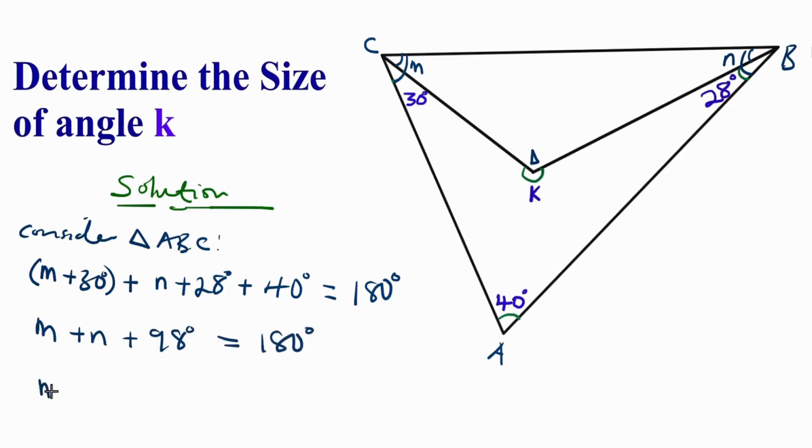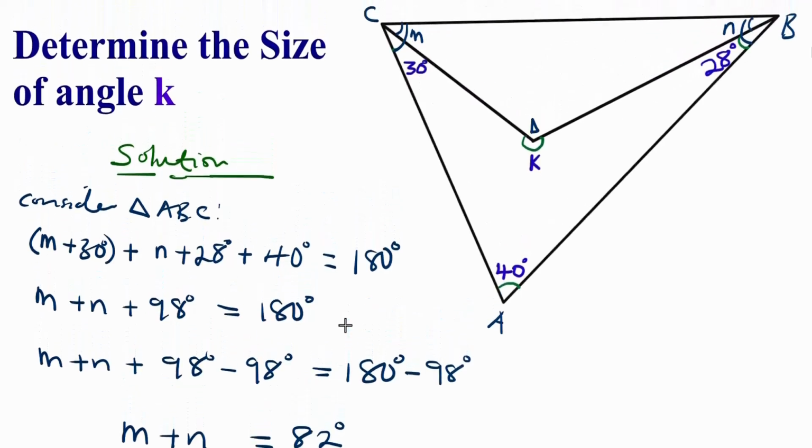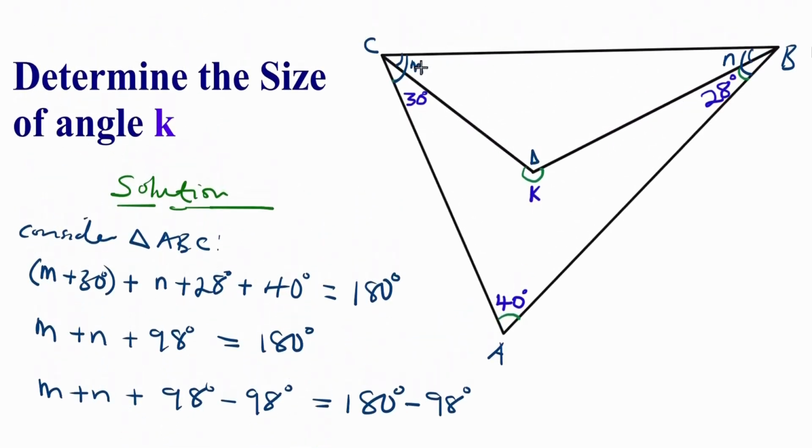Then M plus N plus 98 degrees minus 98 degrees equals 180 degrees minus 98 degrees. Take away the 98 degrees. If I make the difference, I'm getting M plus N being equal to 82 degrees.